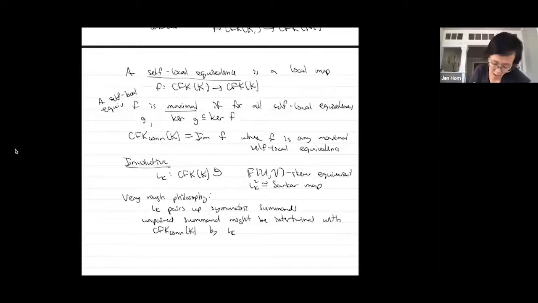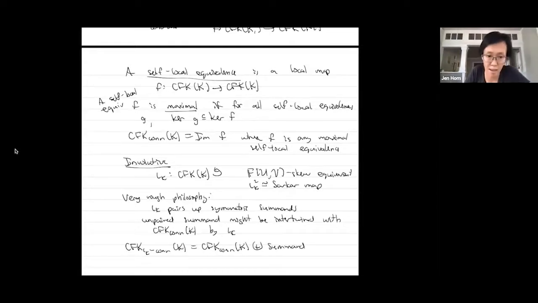And then you can define the iota_K connected complex. And so very roughly, this is going to look like the connected complex plus whatever summands got intertwined with it by iota_K.